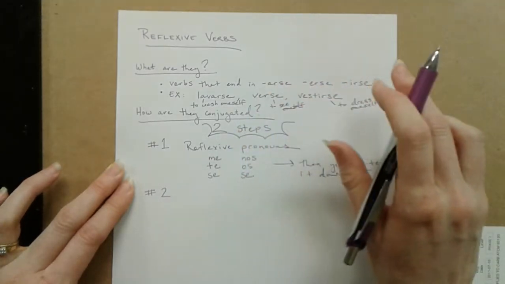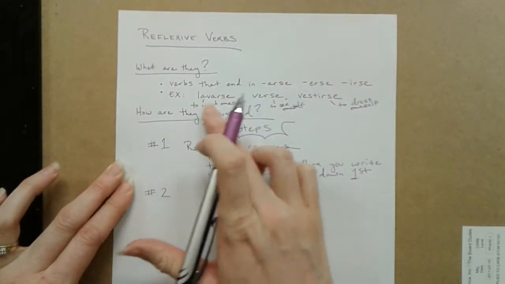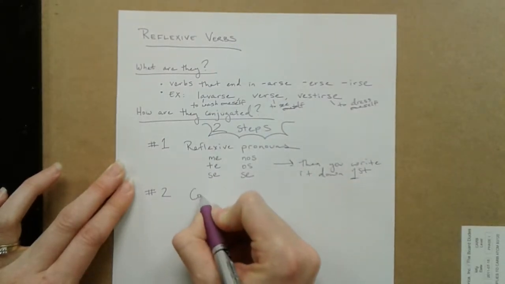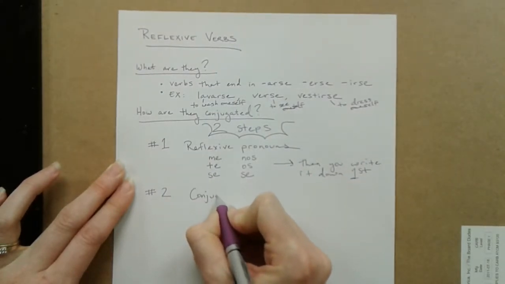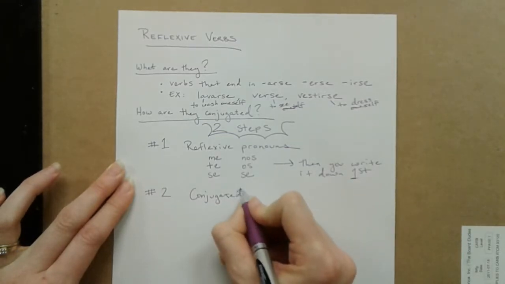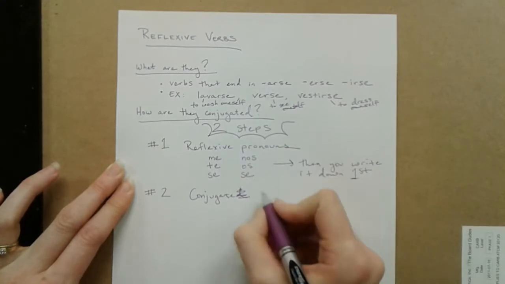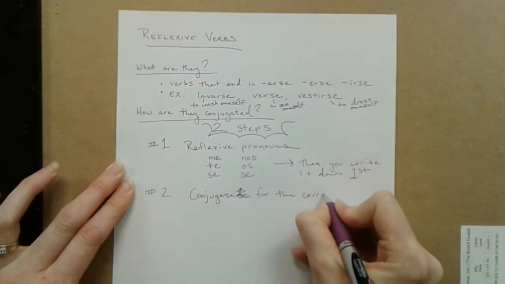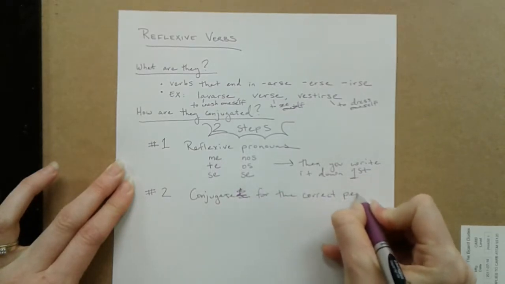Now you're just going to look at your verb. So you have lavarse, for example, and then you just conjugate it like you would normally, depending on the tense you're using. Conjugate for the correct person doing the action.